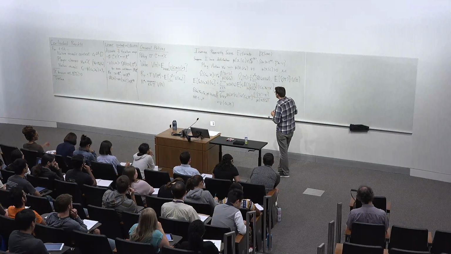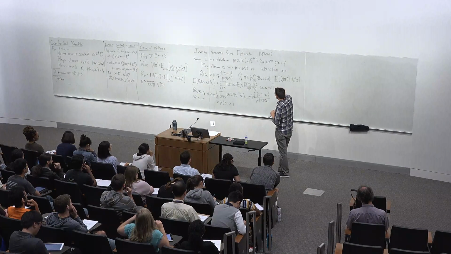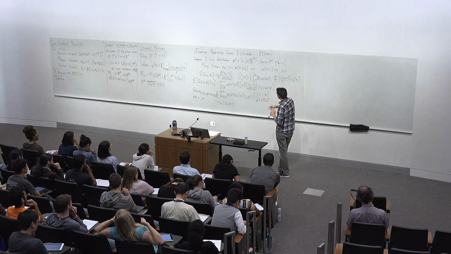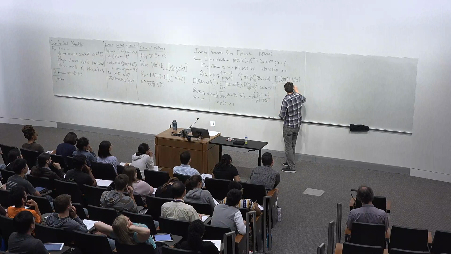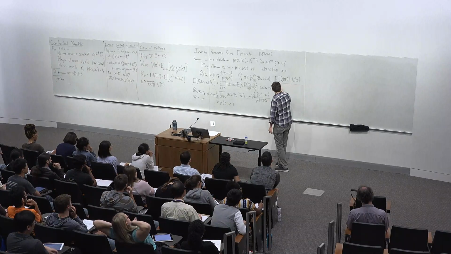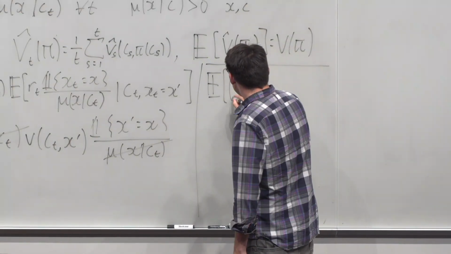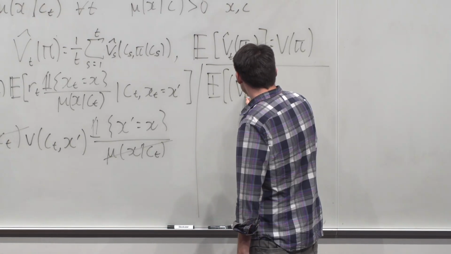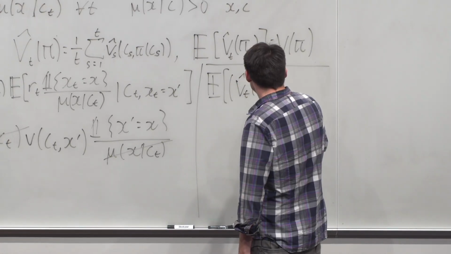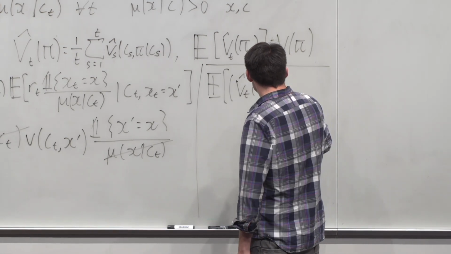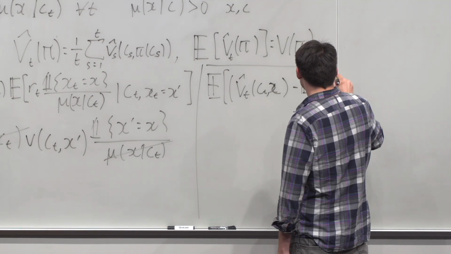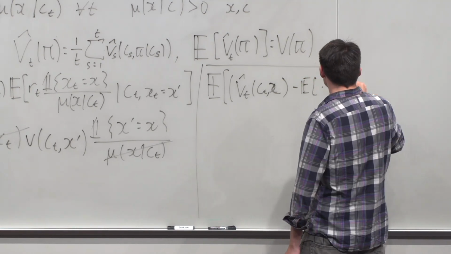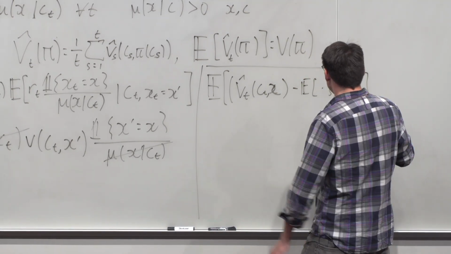Okay. So, as was alluded to, this is an unbiased estimator. But what you can show by doing the same exact calculation, if you look at the variance of this estimator, v hat t of c_t x minus the expected value of that given c_t, squared, just the variance.